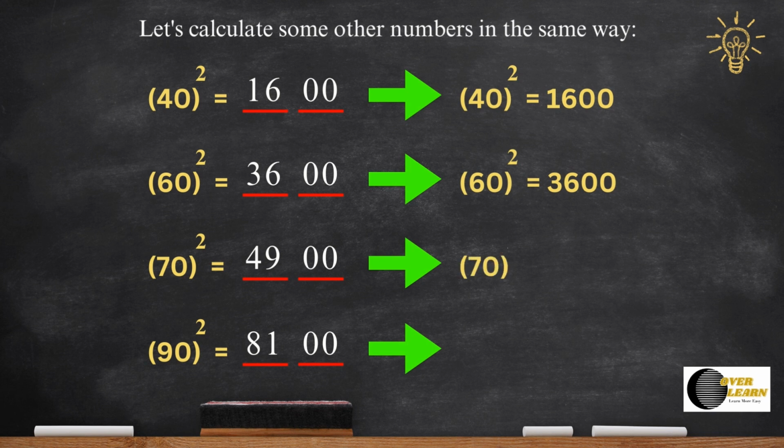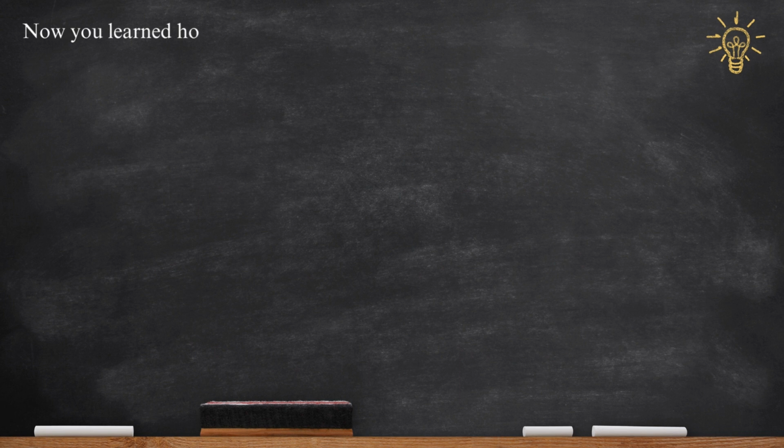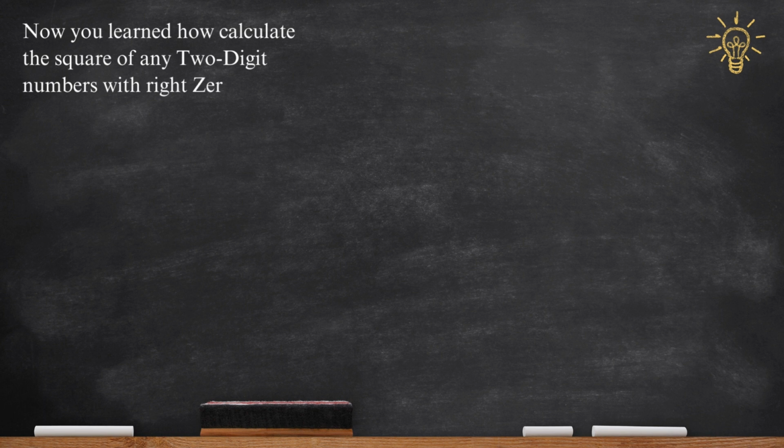Very easy, right? Now you learned how to calculate the square of any two-digit numbers with right zero in less than 5 seconds.